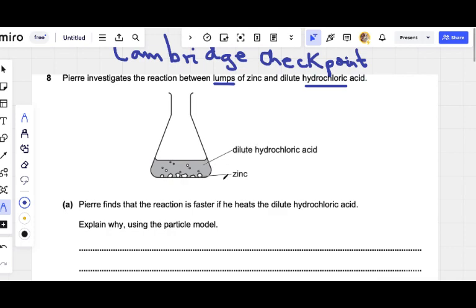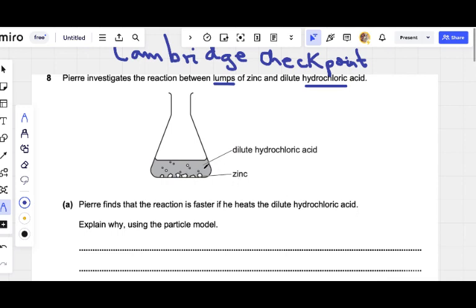Here you have the zinc, the lumps in solid form, and then the dilute acid is this liquid, this aqueous. So the dilute acid will be eating the lumps of zinc. Perry finds that the reaction is faster if he heats the dilute hydrochloric acid.